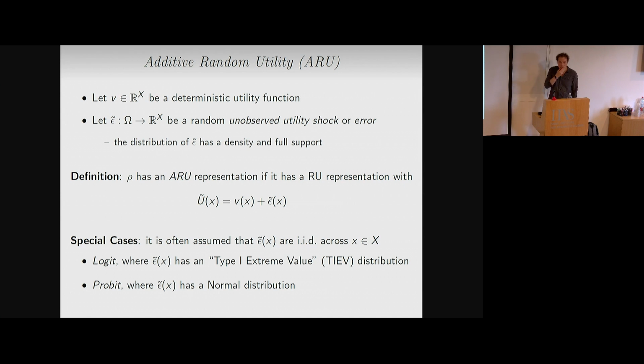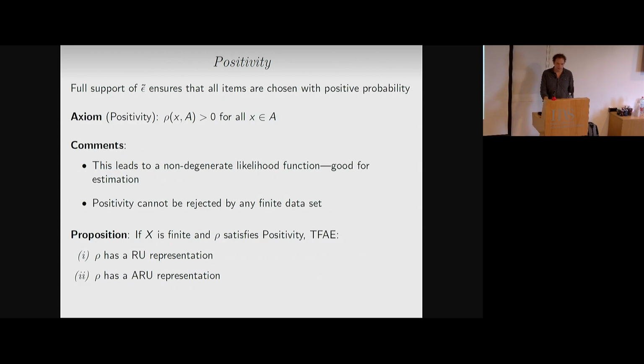So these are all special cases of additive random utility, and additive random utility is itself a special case of random utility. You might ask what special case it is. It actually is not a very special case. It is pretty much equivalent to random utility. It's just a way of rewriting random utility.